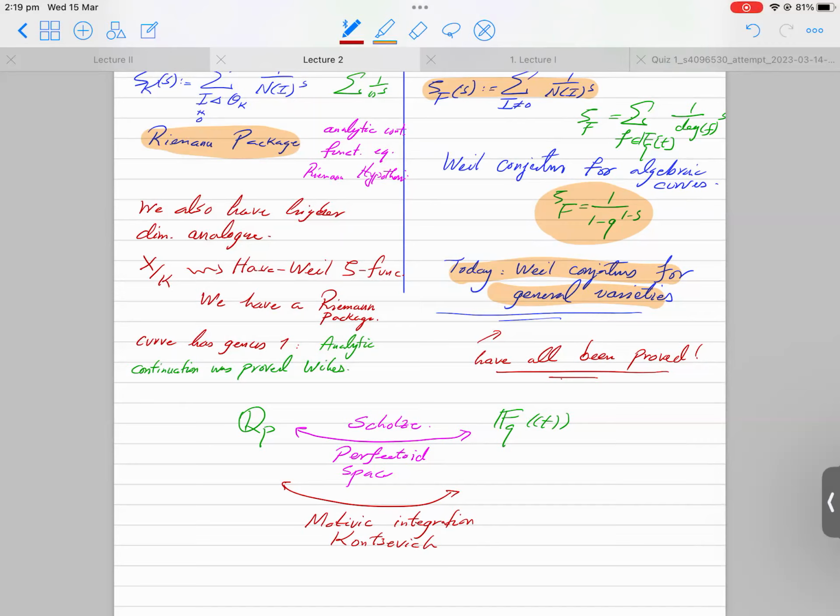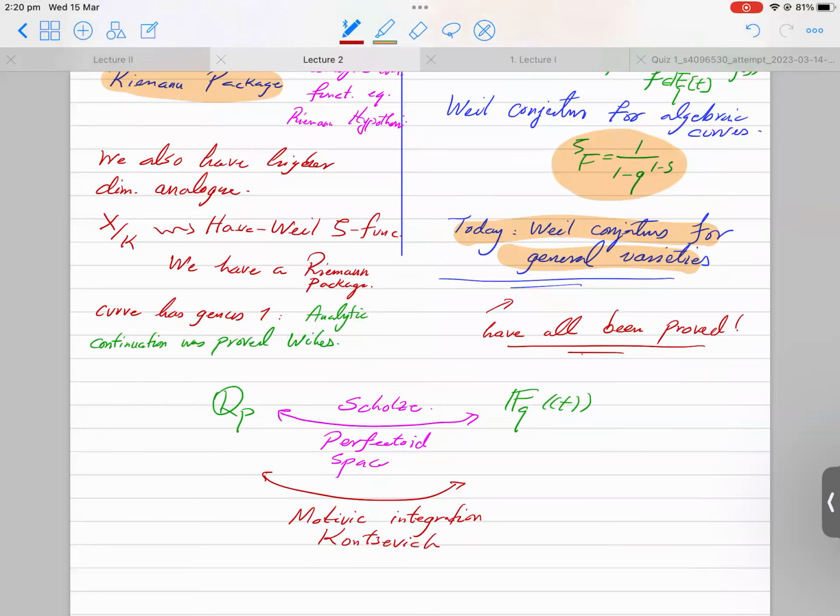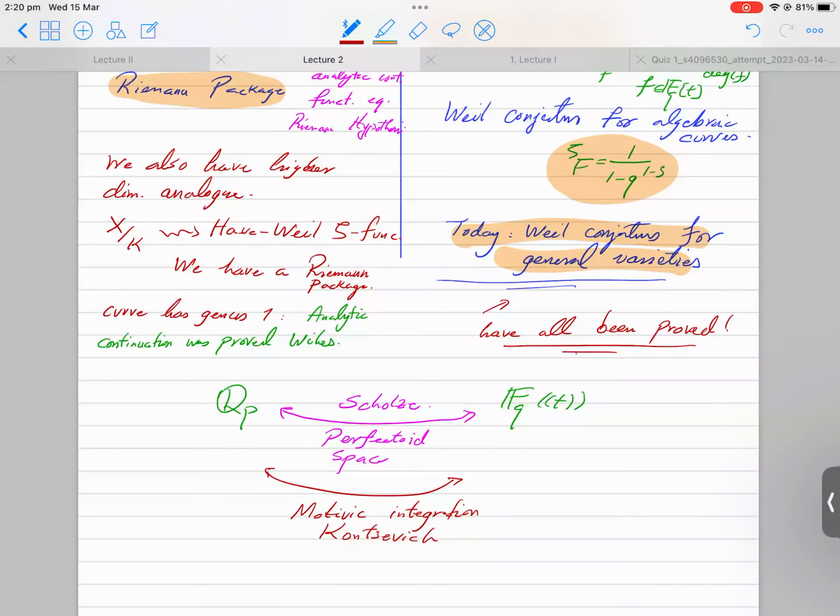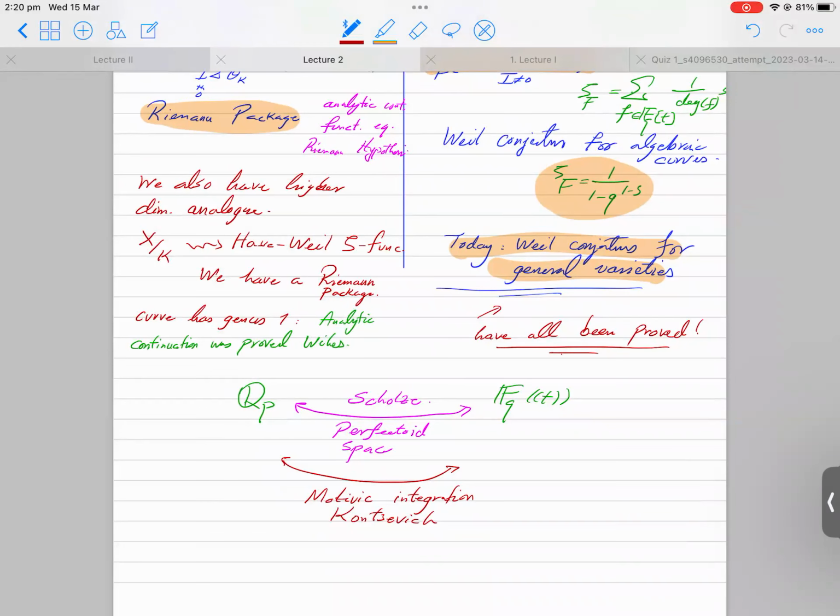Kontsevich was on a train going to give a talk in Paris about something else, and apparently on the train he just decided to think about this problem, and so he ended up giving a talk different from his abstract about motivic integration, which started a whole industry of people. So these are two different bridges between the two sides of the Rosetta Stone that have been extremely powerful for proving results.